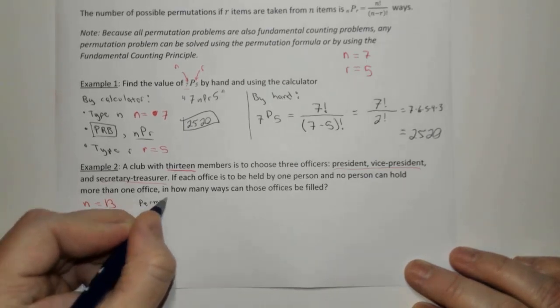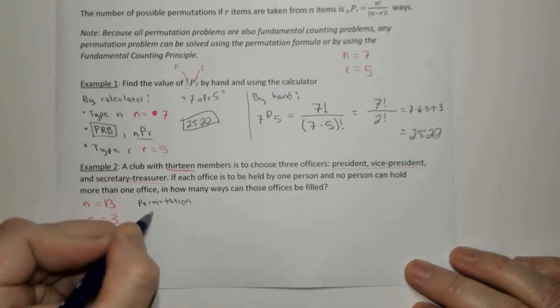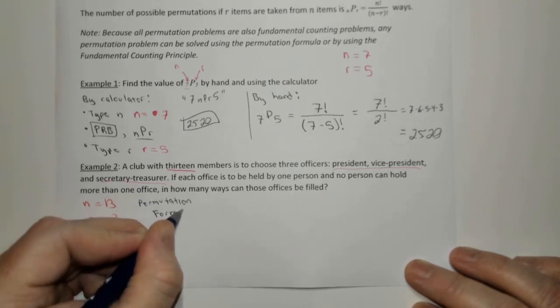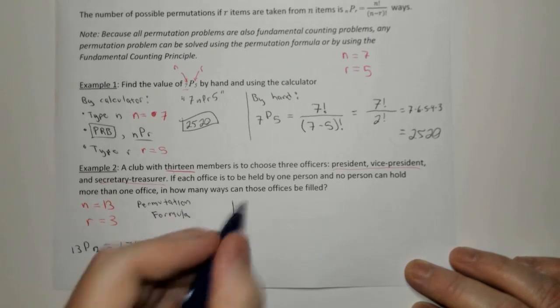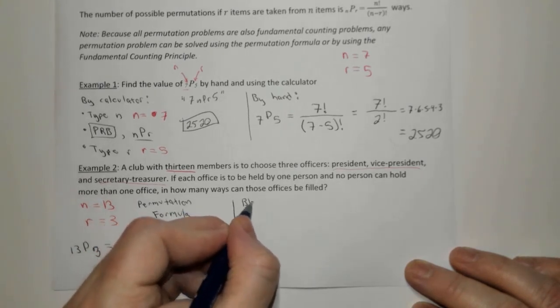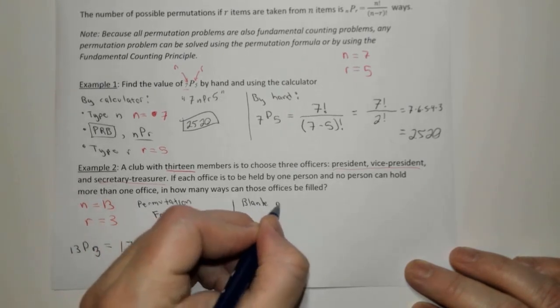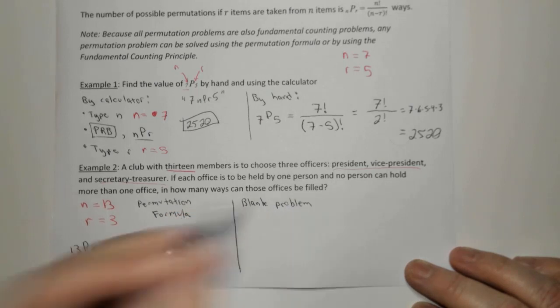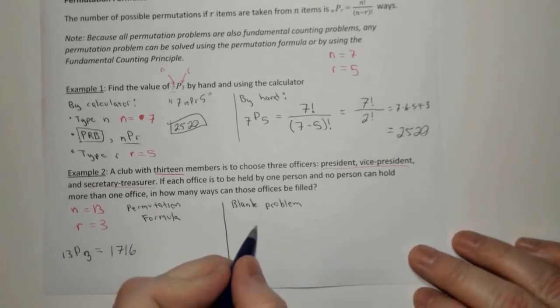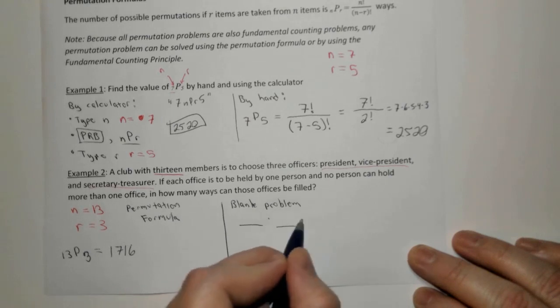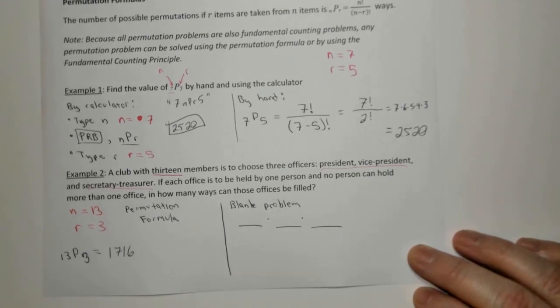We use the permutation formula. I could have also treated it like a blank problem. Like we said earlier, any of these could be done as blank problems. They're not always easy as blank problems. If there's any hesitancy, I would just always do what you recognize first.